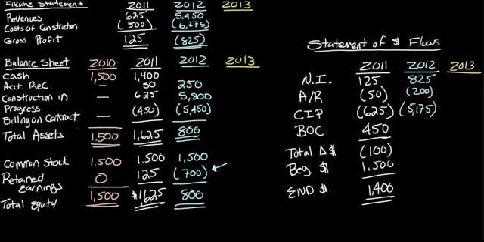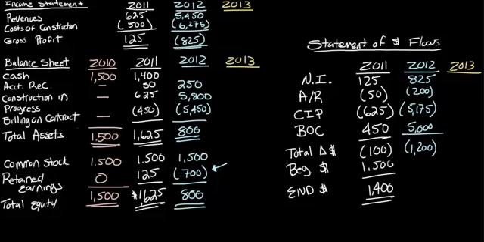Okay, and our billings on contract account went up by 5,000, so that's a positive 5,000. So if we add all those up, it should come up with a negative $1,200.